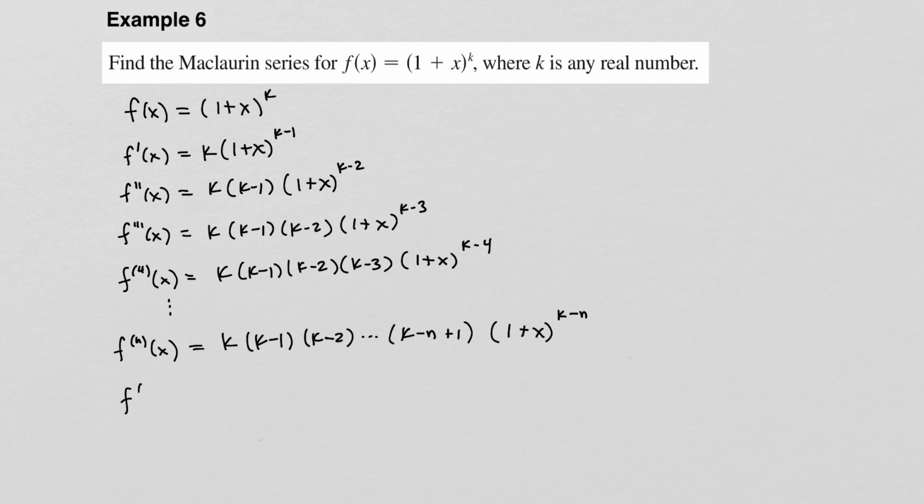So now we need to take these derivatives and evaluate them at 0 because we are looking for the Maclaurin series. So this is going to be k times k minus 1 times k minus 2 all the way to k minus n plus 1. And then when you plug in 0 for x here, you get 1 plus 0, which is 1, to the k minus n, which is going to be what you see here.